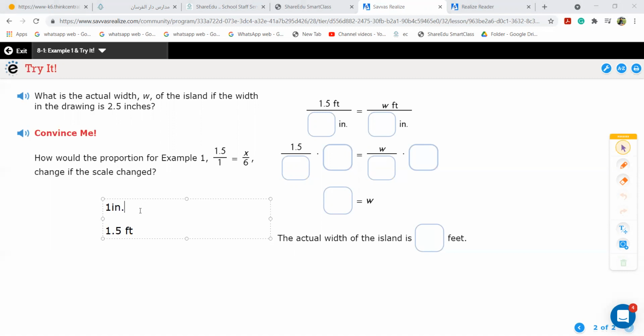So they are asking you about 2.5 inches. What did I say to you? This divide and this multiply. So when I multiply 1.5 by 2.5, I have my calculator here, my answer is 3.75. What is my answer? 3.75.